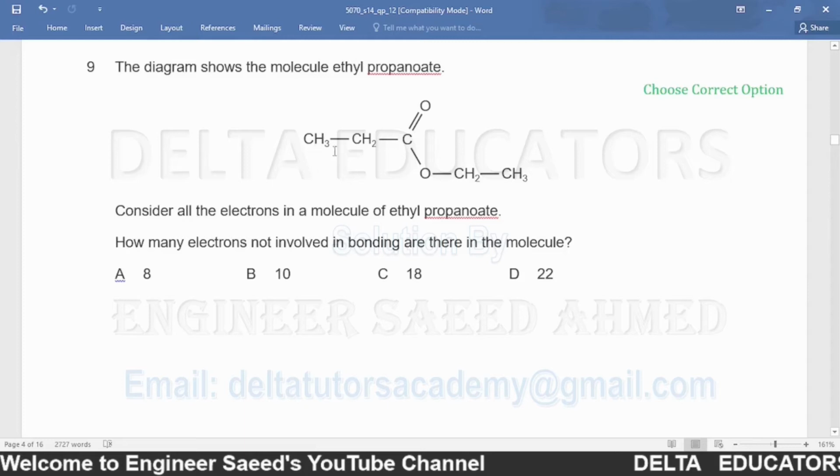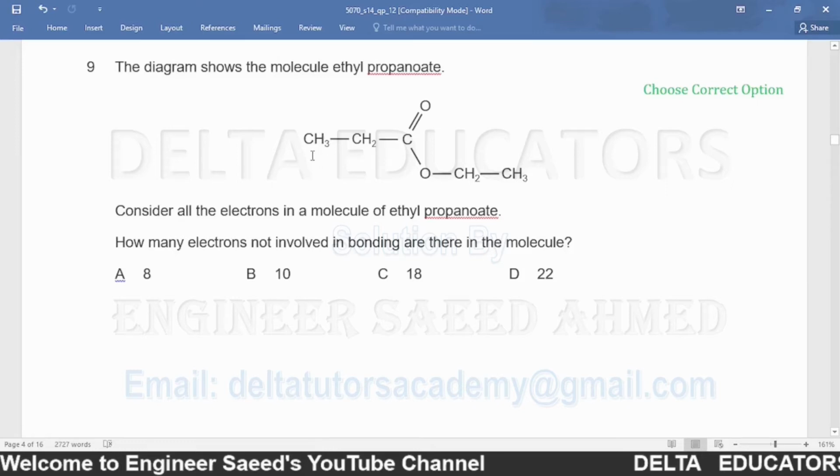Here we have a total of 5 carbon atoms, and in one carbon atom 2 electrons are not taking part in the bonding. So in 5 carbon atoms, the total number of electrons not taking part in bonding will be 2 multiplied by 5, which is 10.